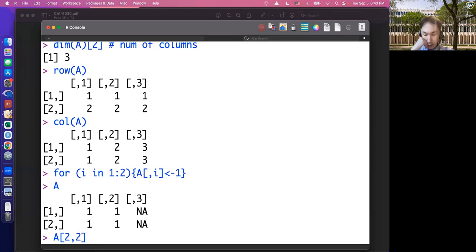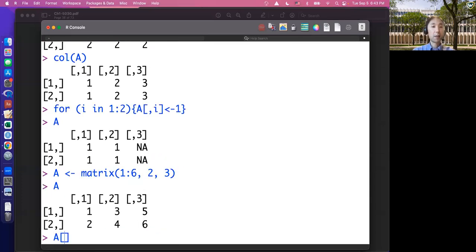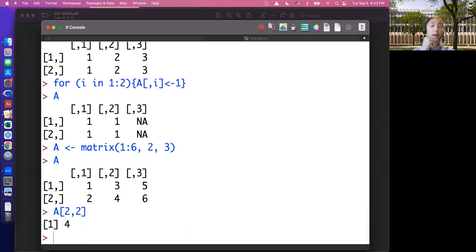And how to extract elements in a matrix? Maybe once again, I define matrix A as 1 to 6, this one, and A bracket 2 comma 2.